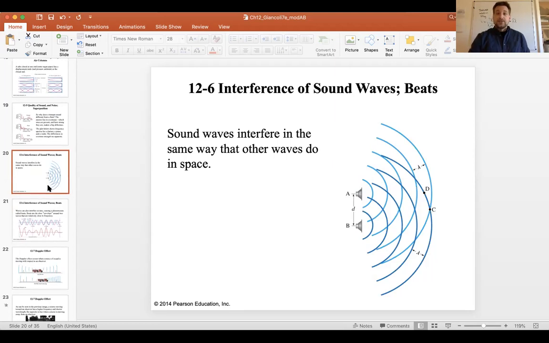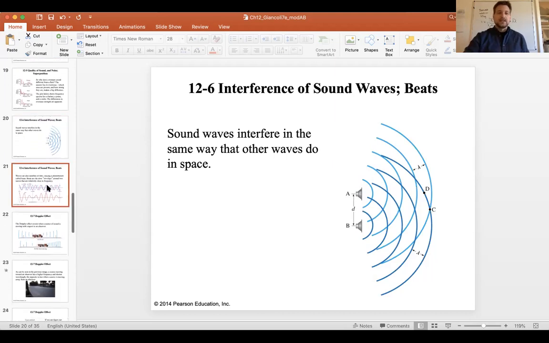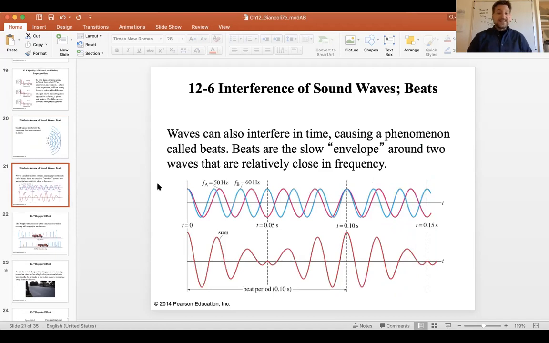Another way to see this interference phenomenon is the phenomenon of beats. If we have two frequencies that are only slightly different, then as one of them goes faster than the other, sometimes that one is going to line up, and we get a loud spot.